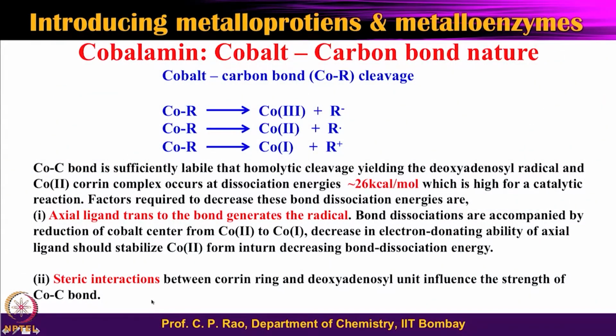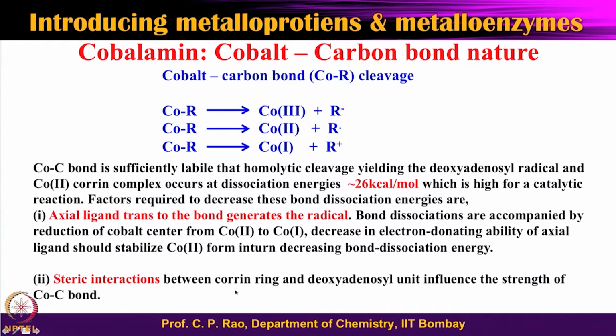The second important point is the X group and its steric parameter, because this whole thing is going to interact with the enzyme. The group that is present on the cobalt center between the corrin ring and this one, in the case of adenosylcobalamin, influences the strength of the cobalt-carbon bond.